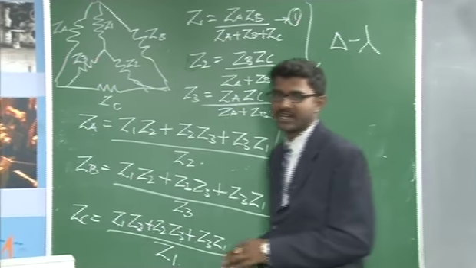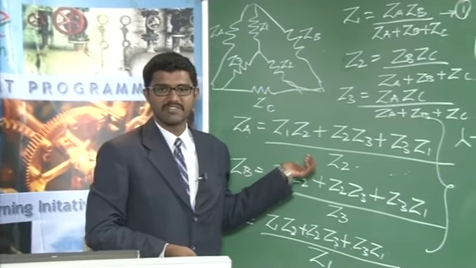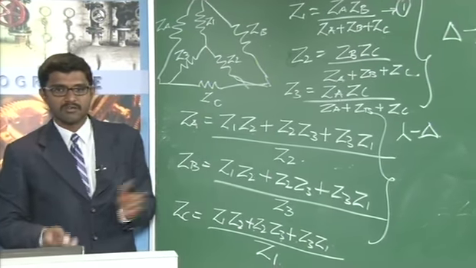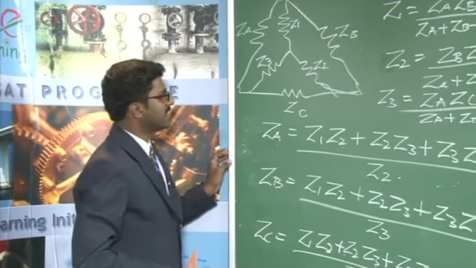Why do we do star and delta transformation? Just to replace it with an equivalent network or to simplify the network. For the delta to star conversion, each resistor in the star is equal to the product of the resistors in the two adjacent branches divided by the sum of all the three delta resistors.